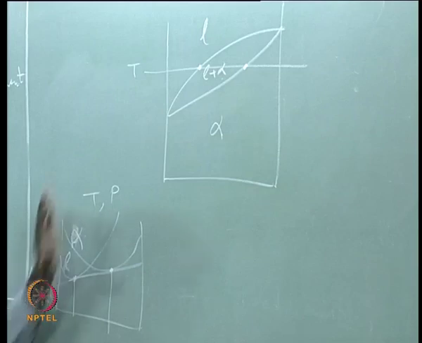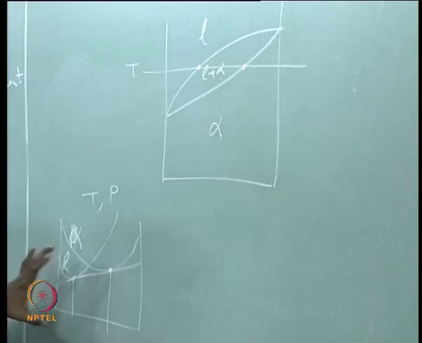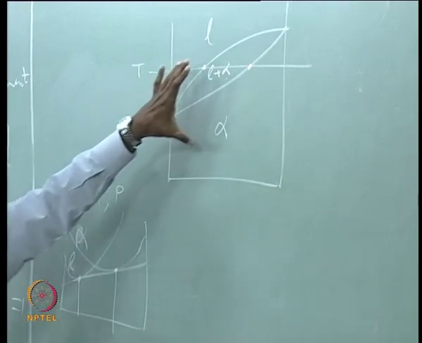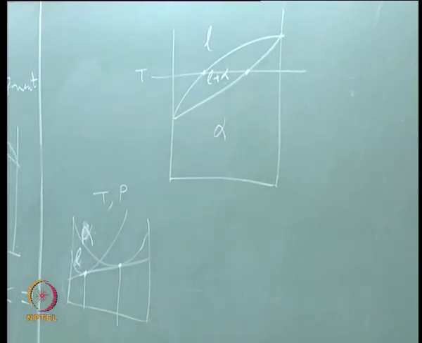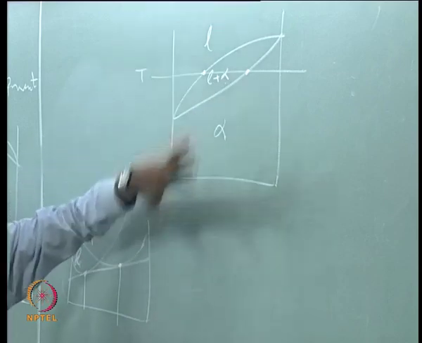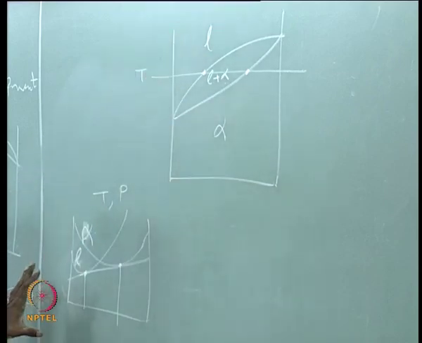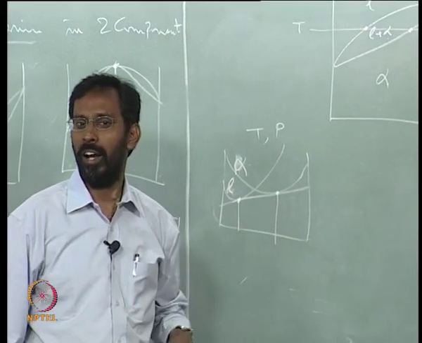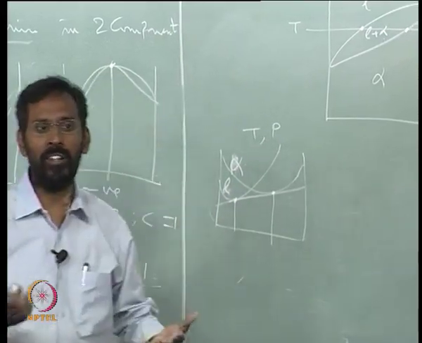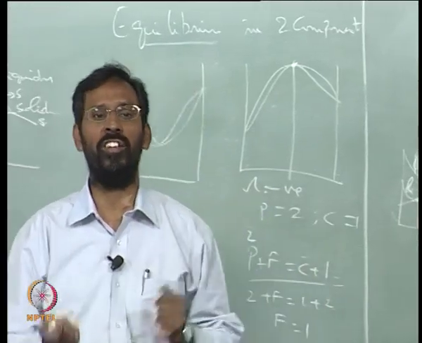There has to be a one-to-one correspondence between the free energy composition diagram and the phase diagram, and this is the simple concept which people use when they try to calculate these phase diagrams. For example, what I can simply do is at each temperature I can find out how the free energy of alpha and free energy of liquid are changing.